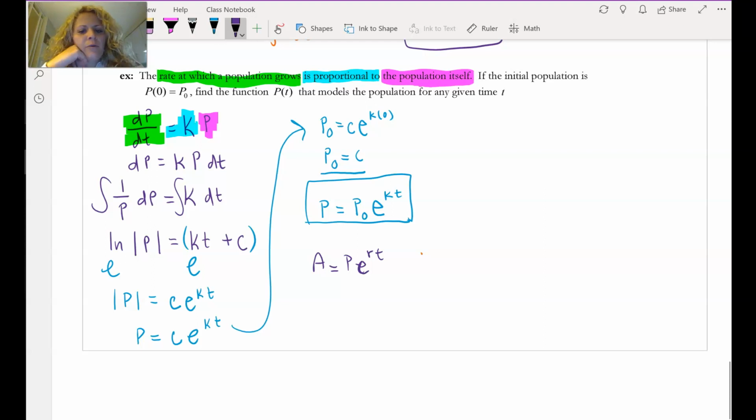Well, population growth really follows the same model, that this e to the rt, when you use this for compound interest, r represents the rate of your interest, t is time, and P is like your initial quantity. So really this population growth is going to follow the same model. So when you learned that in Algebra 2, obviously you didn't learn it via differential equations, but that is how those two things are related.